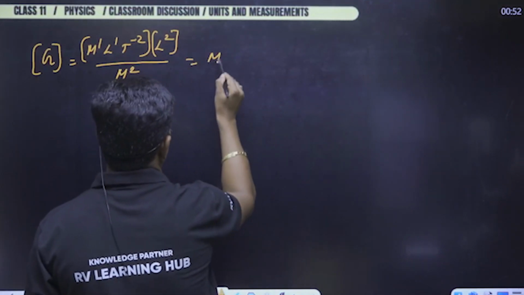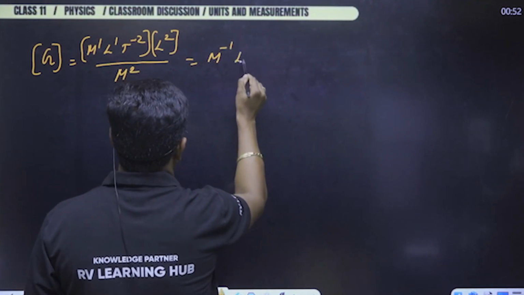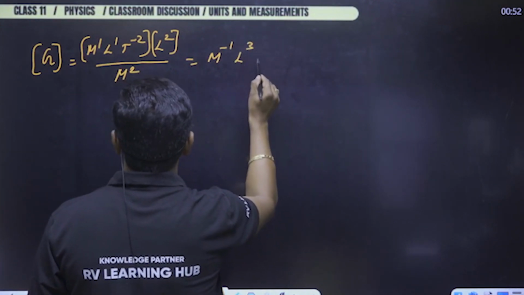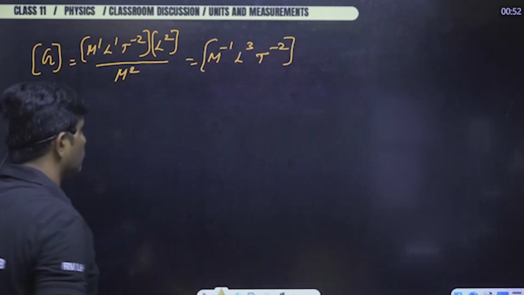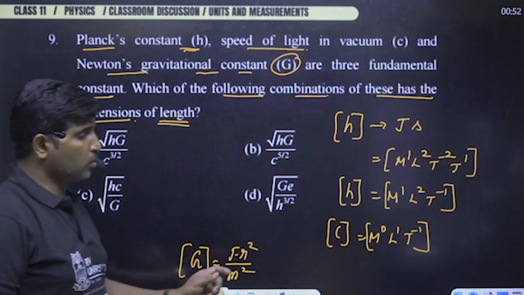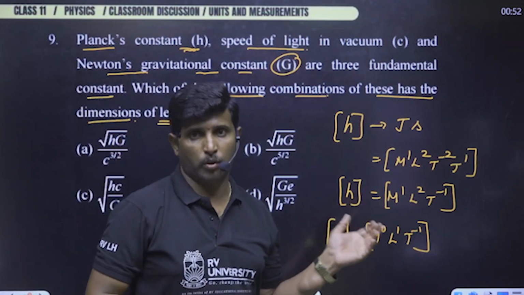If we simplify this, you will get M power minus 1 L power 3 T to the power of minus 2. So these are the dimensional formulas of each and every individual quantity.